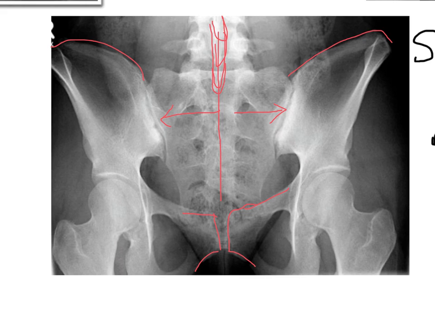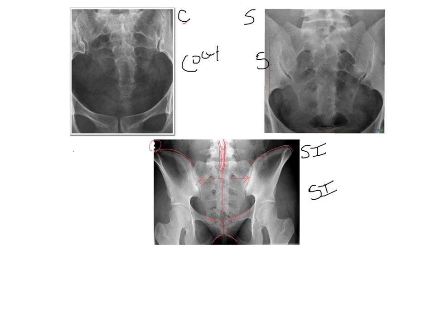And we are answering yes to all of these questions, so it looks like we have a passable image minus the fact that we've cut off our right marker. So that should wrap it up today for AP axial coccyx, which is this one, AP axial sacrum, and AP axial SI joints. We are going to look at lateral sacrum coccyx and oblique SI joints next.